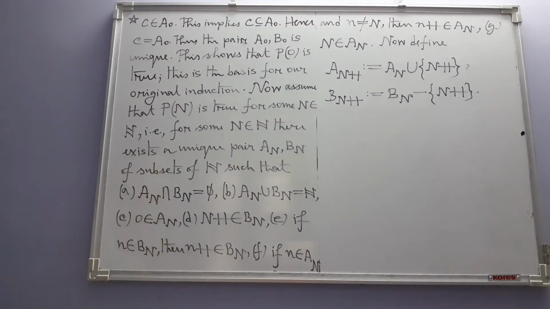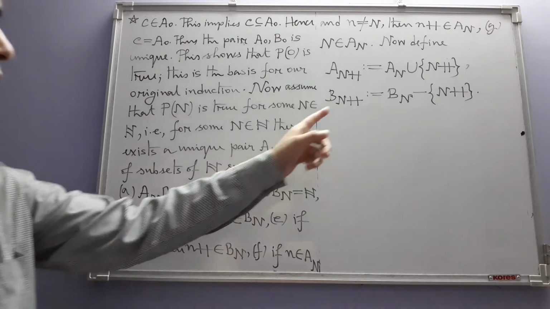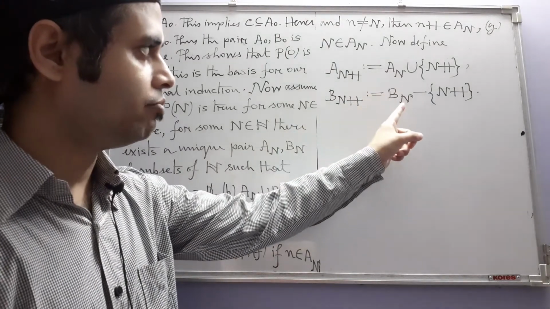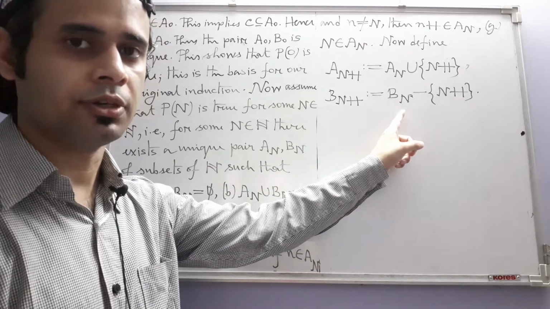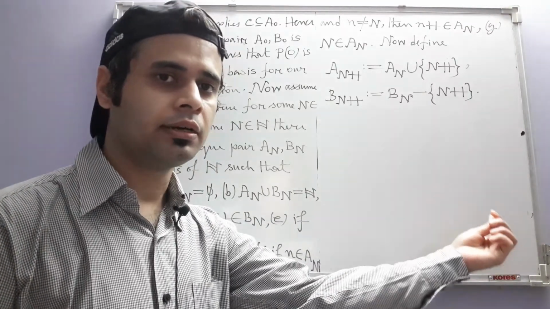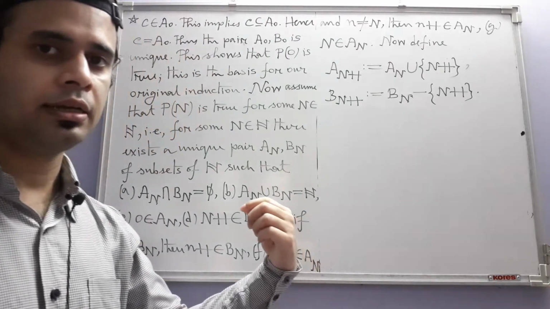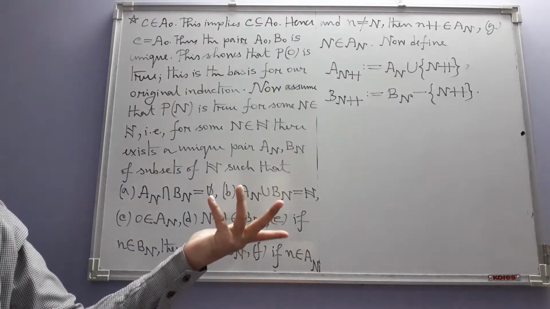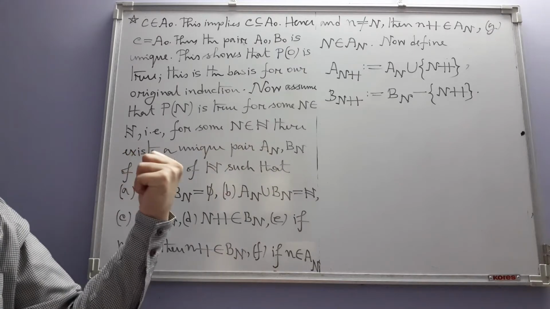Let us see one by one. Is condition A true? Condition A is true because you see An and Bn were originally disjoint. So bringing one element from Bn and transferring it to An is not going to change anything. They are still going to be disjoint.